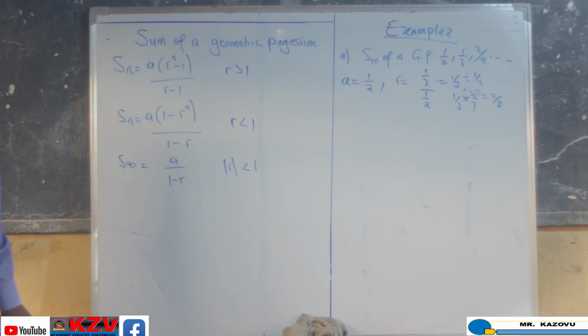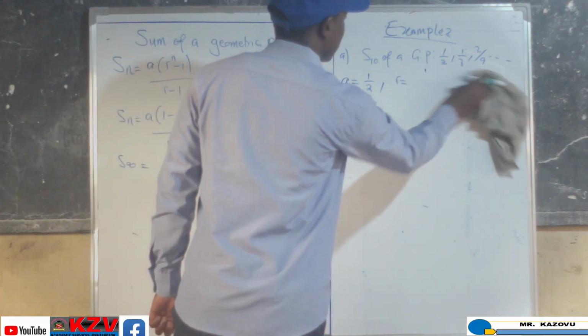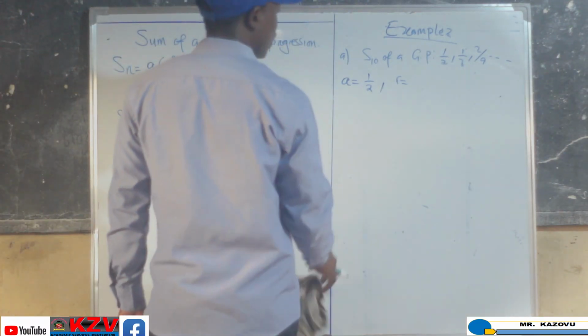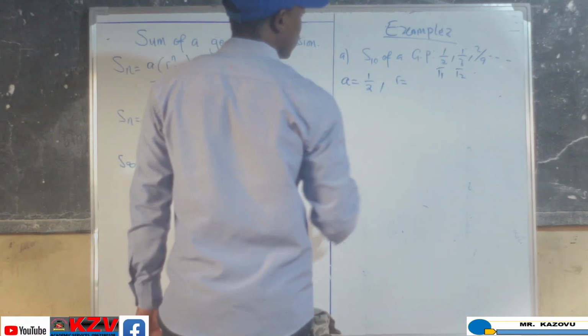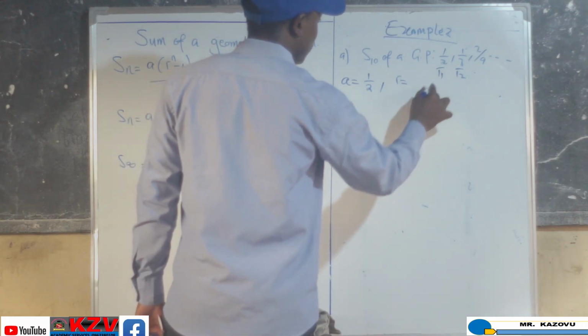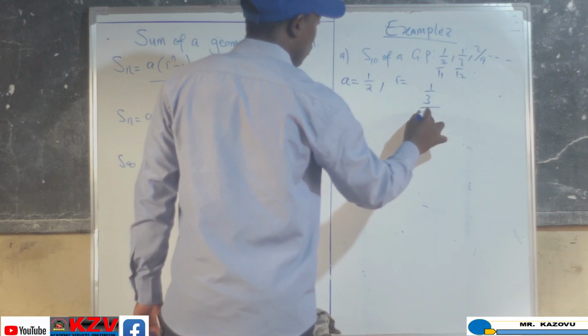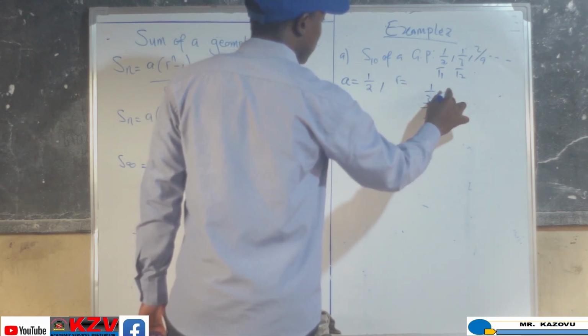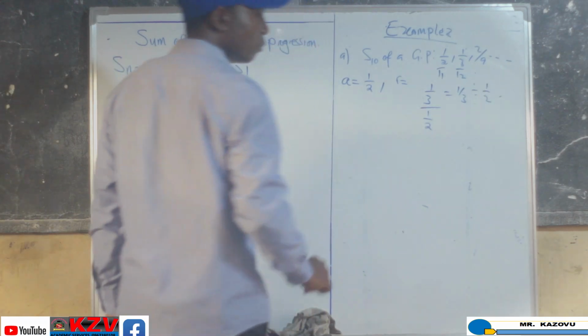You have repeated T2 divided by T1. I've repeated which one? The second one. This is T1, this is T2, right? So I'm saying T2 is 1 over 3, divided by 1 over 2.